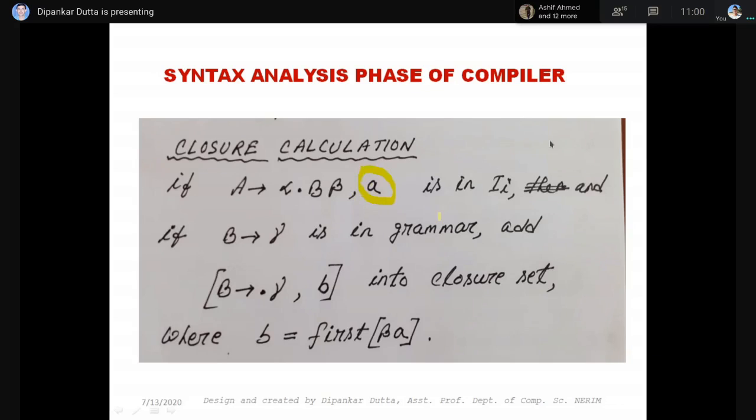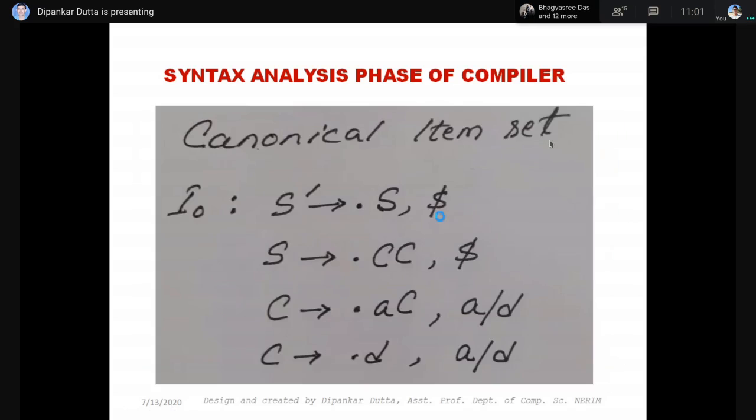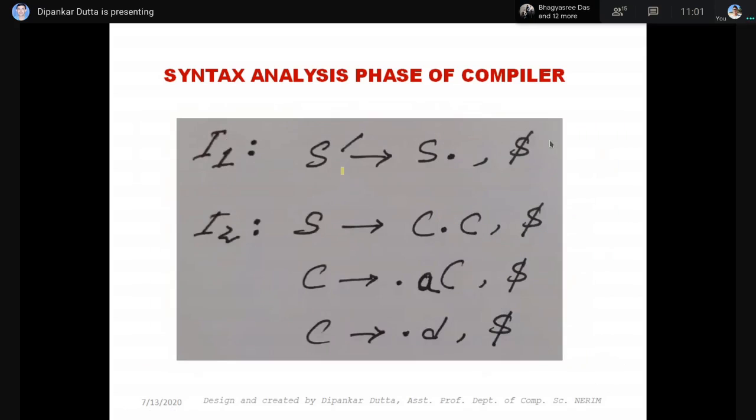If we see our productions, we'll see like this. Here, this is the core part of the production: S dash implies S dot, and this is the look ahead symbol. In this production also, S implies C dot C is the core part, and this is the look ahead symbol.